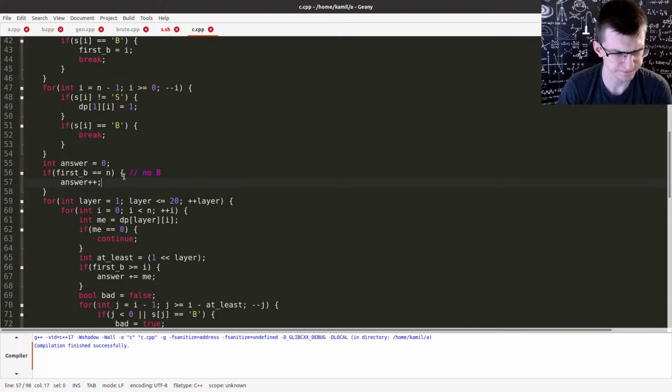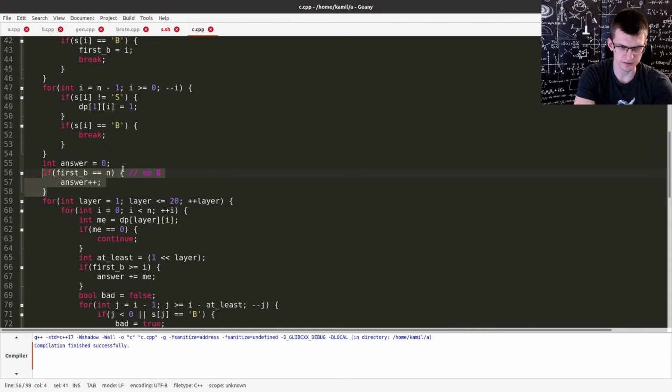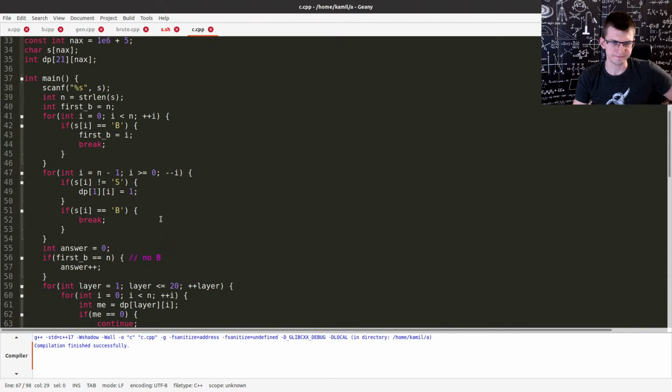Am I right? Oh no, because this means everything turns into S. And this also means everything on the left turns into S. So nope. That wasn't it.